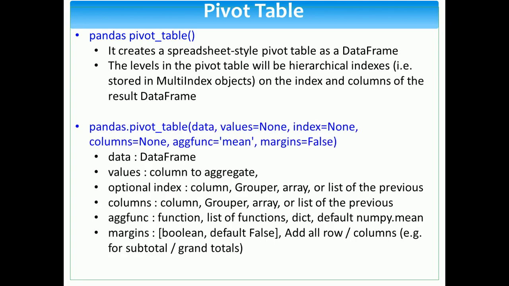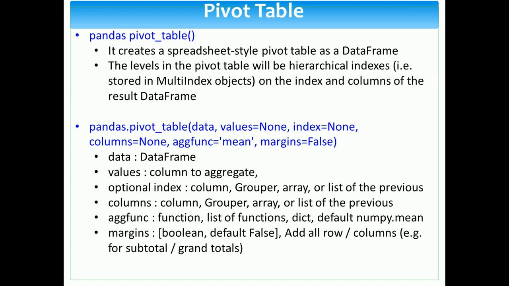So how do you do that? You make use of pandas.pivot_table. There is a pivot table function, and there are multiple parameters that we normally need to make use of. First you need to give the data frame, then the values column to aggregate. We will see this when we go to the demo. Then index, which is optional, that is a column, or you can have a grouper. We will understand grouper in detail and make use of it, because it's pretty interesting. Then columns.